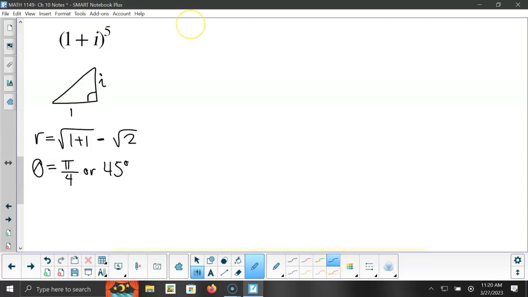But you're plugging in the leading coefficient for the I. You don't plug in the I. So all of this breaks down to square root of 2 cosine 45 plus I sine of 45 to the 5th power.